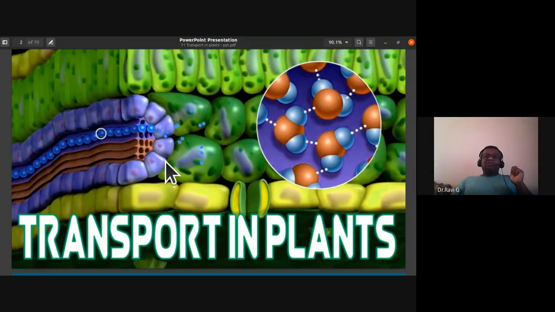Xylem transports the minerals and water. We call it ascent of sap, or uptake of water, or transport of water. It is unidirectional, from the root to the various parts of the plant, against the gravitational force.